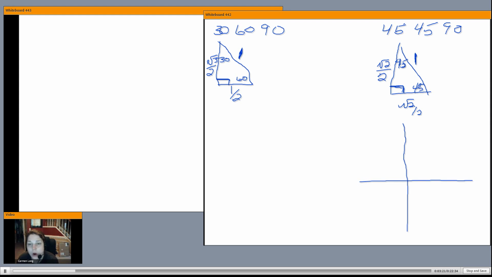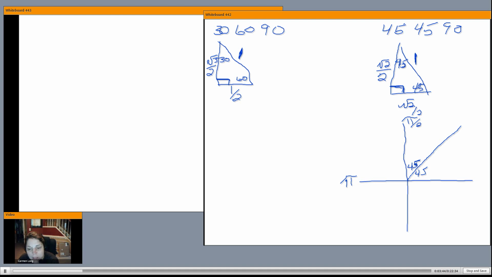On our 45, 45, 90 special triangles, we know that this is pi, or 180 degrees. We know this is pi over 2, or 90 degrees. If we split 90 degrees in half, this is 45 and this is 45, or pi over 4.